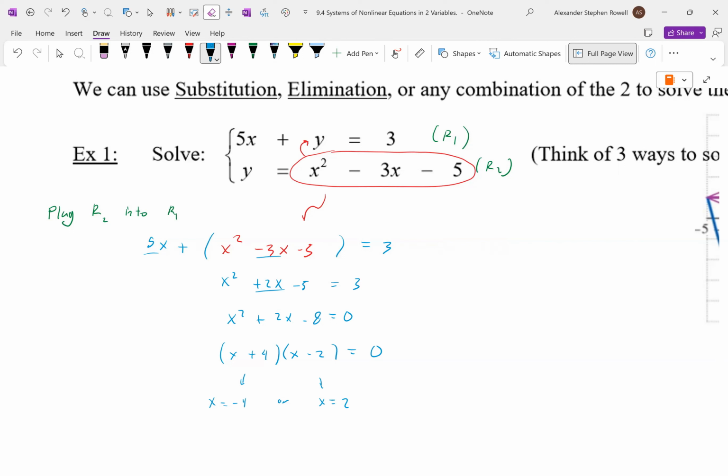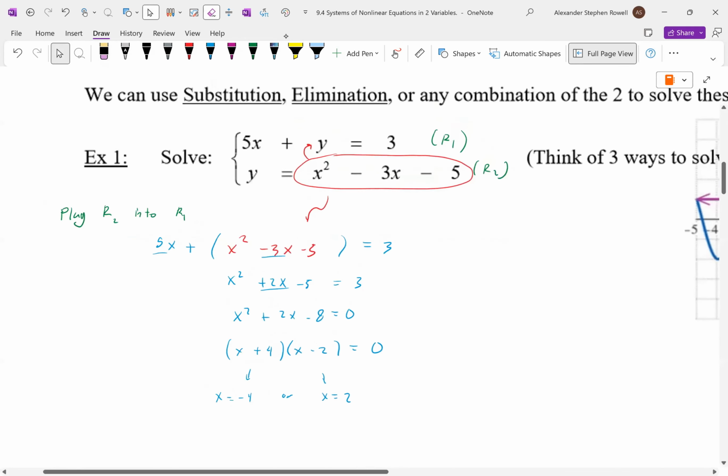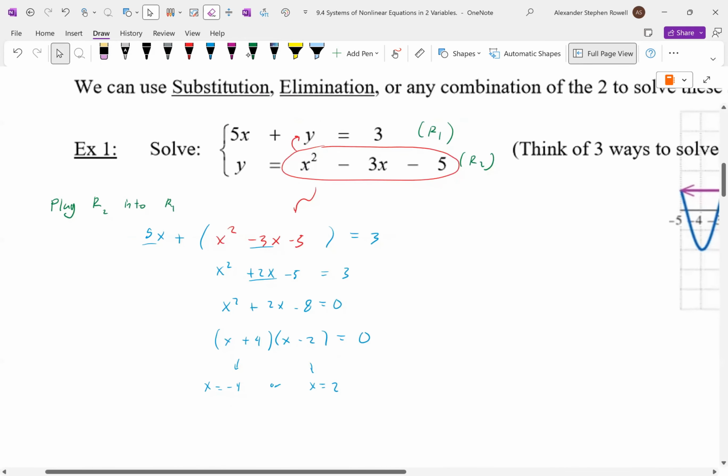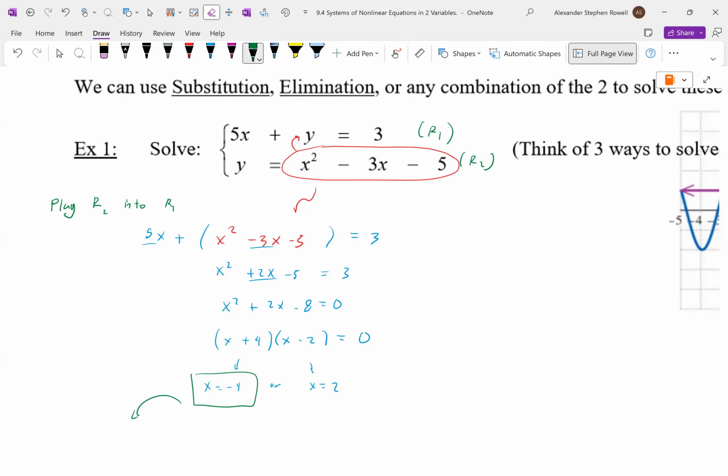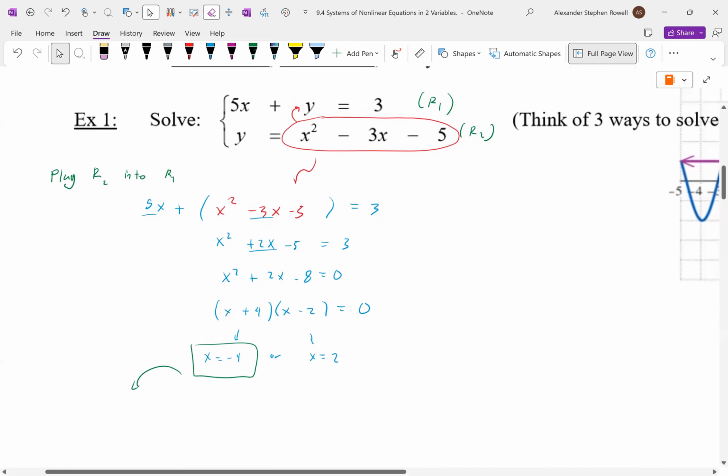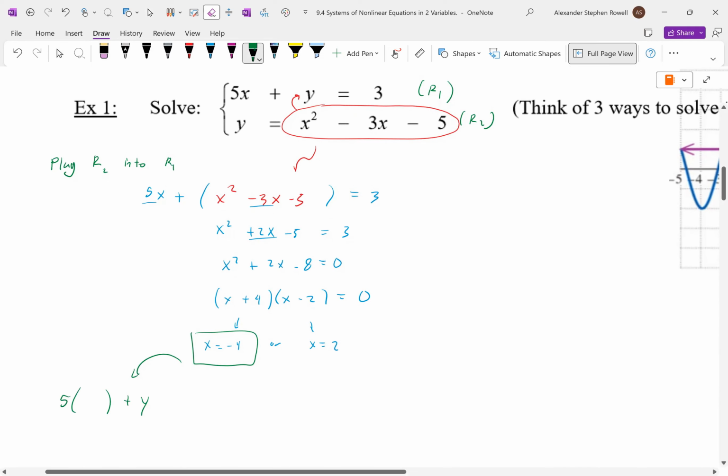Basically we have a straight line, and what does this other graph look like? A parabola. They can intersect no times, one time, or twice. So we need to plug back in to find where they intersect. What's the y value? What if x is -4? Which equation would you like to plug into? Yeah, the first one is a lot easier.